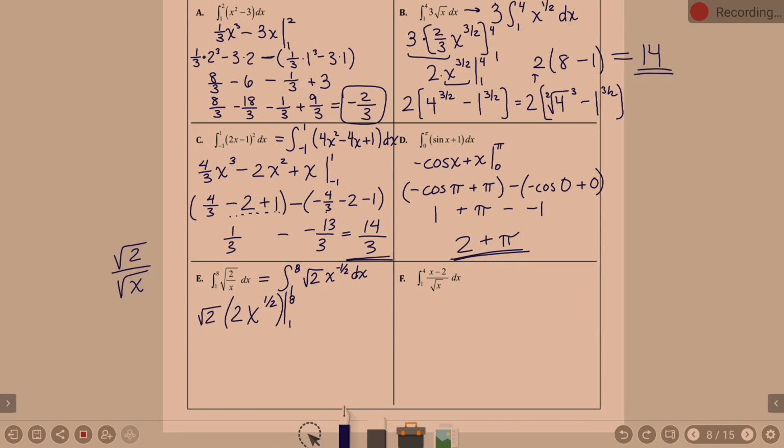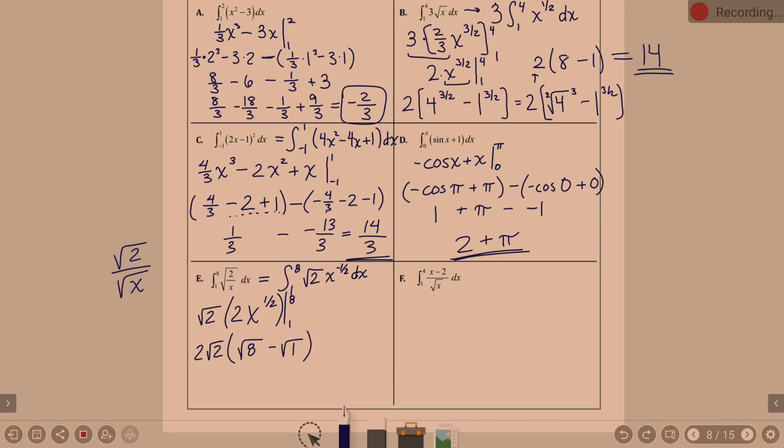Now, the square root of 2 and the 2 are both constants, yes? I'm just going to think about them out front as 2 square root of 2. I'm going to do x to the 1/2, so what if I say the square root of 8 minus the square root of 1?